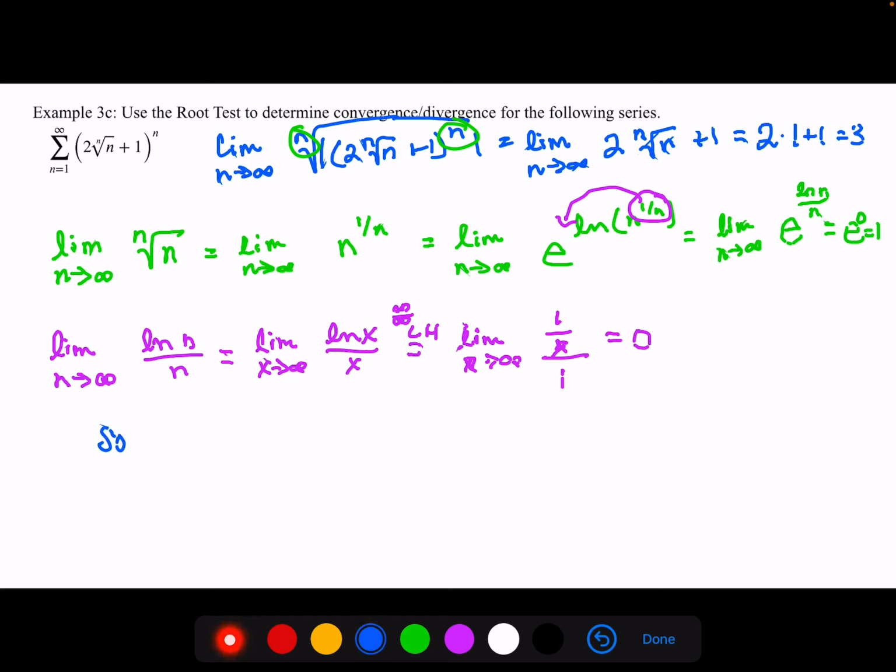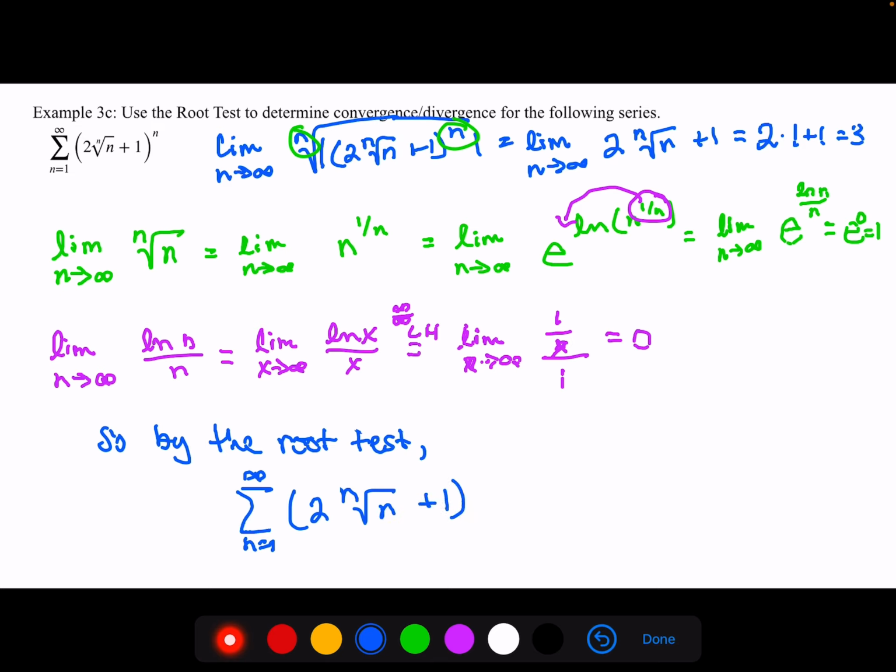So, by the root test, we can conclude that the sum from n equals 1 to infinity of (2 times the nth root of n plus 1) raised to the nth power diverges.